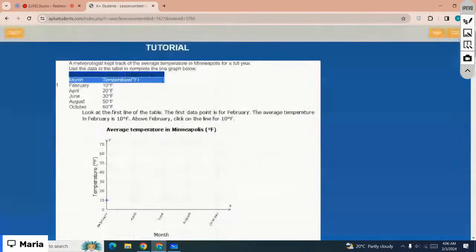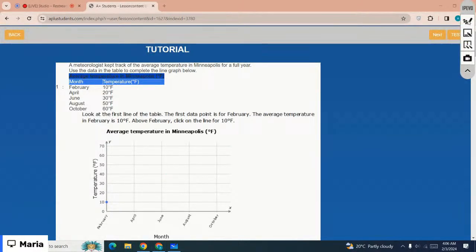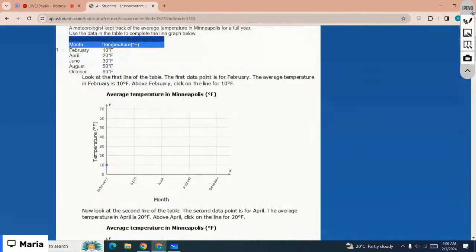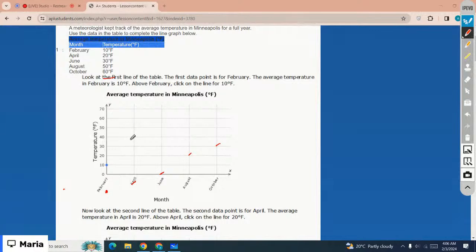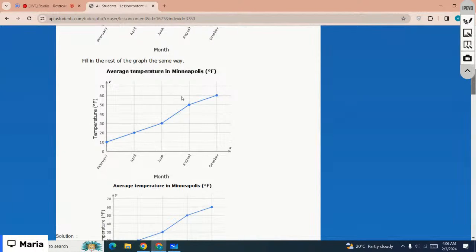You just have to connect these points and make a line like this. Got it? Let's just start with the test questions.